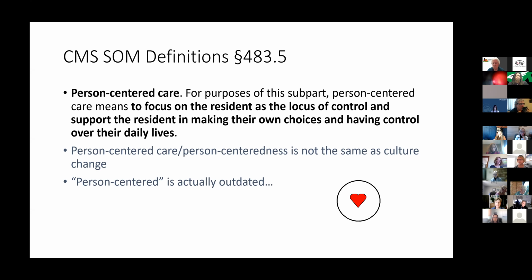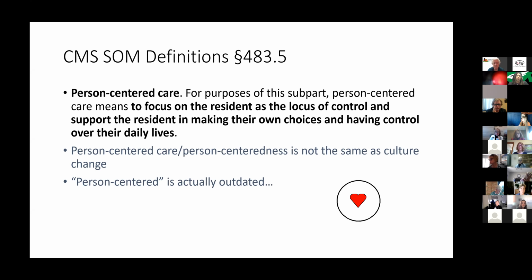If you just keep looking at that, I'm sort of mesmerized by it. Wow, we're supposed to focus on the resident as the locus of control and support the resident in making their own choices and having control over daily life. And to be honest, in institutions, it's kind of the opposite.